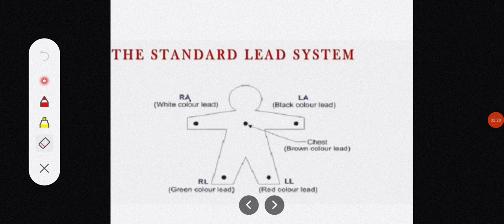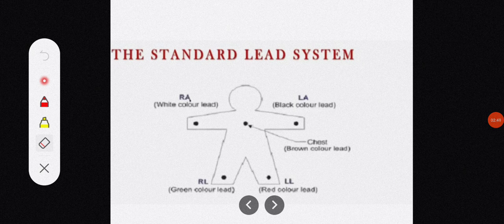The pumping action of the heart generates a voltage, and this voltage is a vector quantity whose magnitude as well as spatial orientation will change with time.